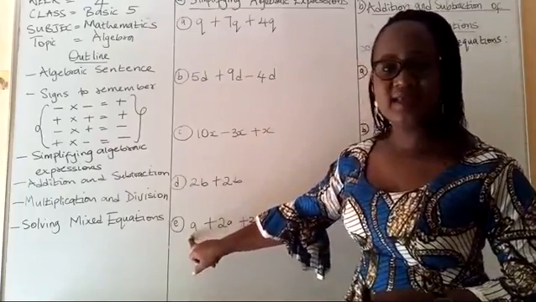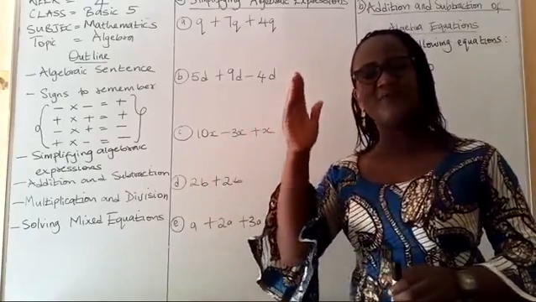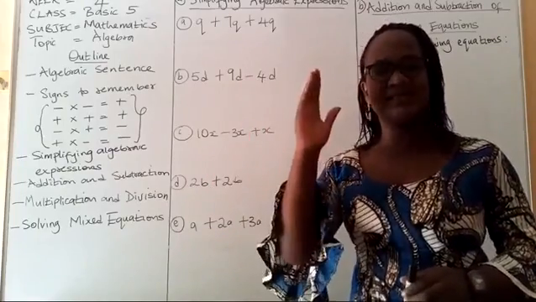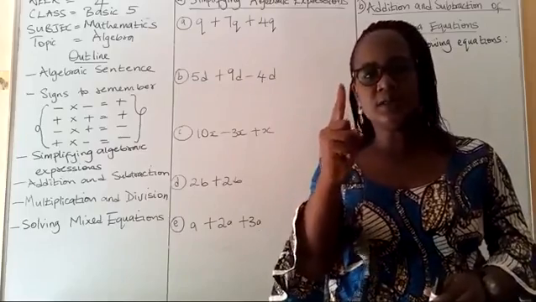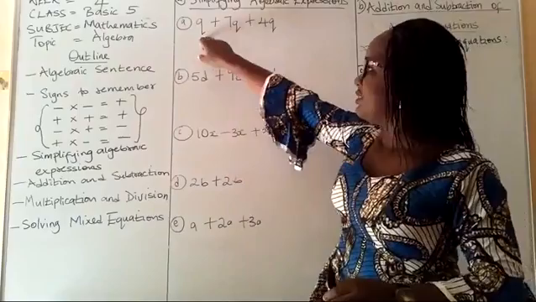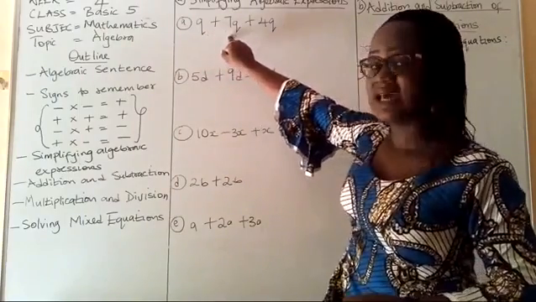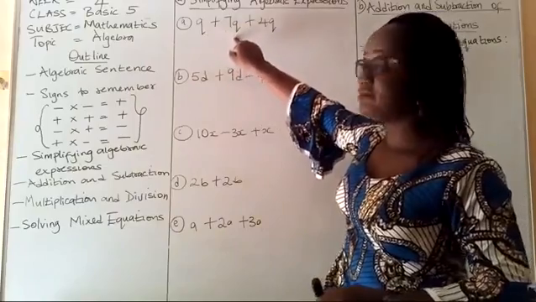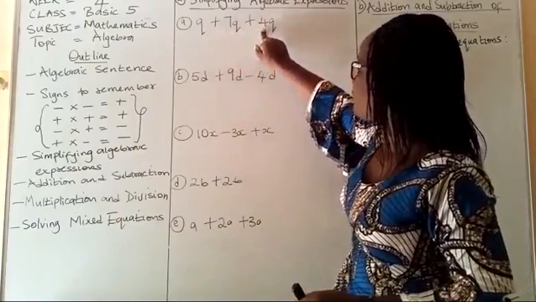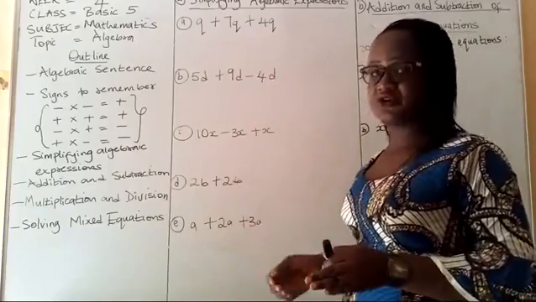But you don't write the 1, you represent it with that letter. So whenever you see one letter standing, it simply means 1. So here we have q, so your count is 1, plus 7, and plus 4. When you add it together, you put your q.